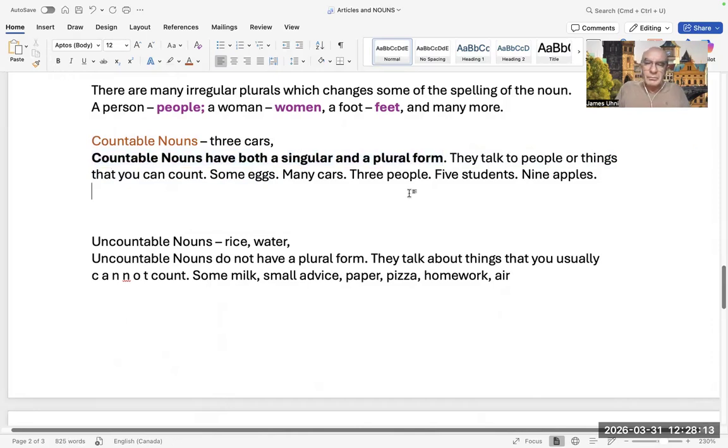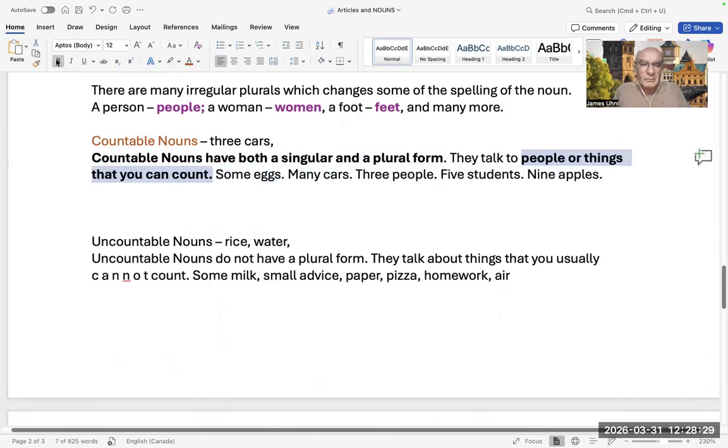They talk about people or things that you can count. Some eggs. Can you count them? Yes.